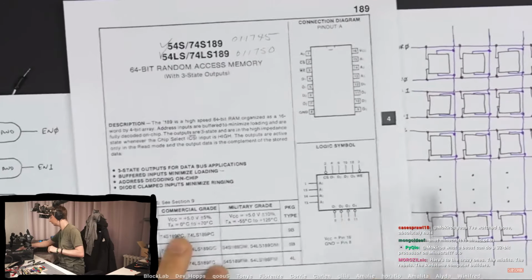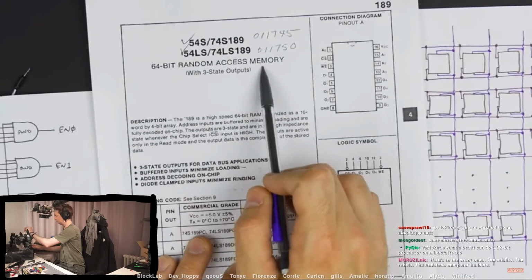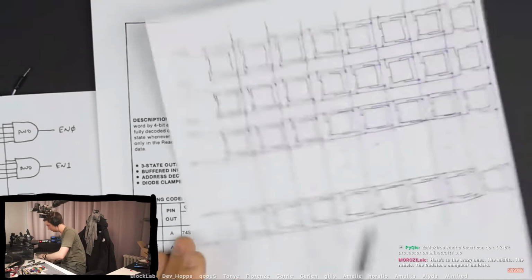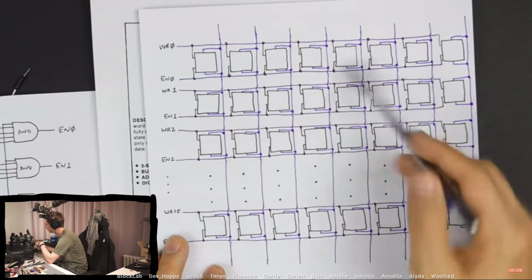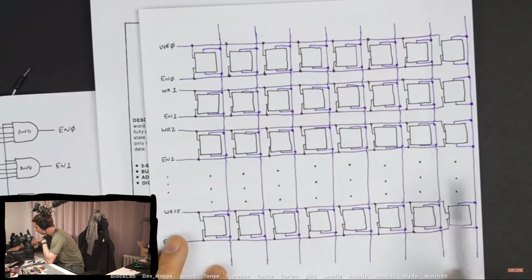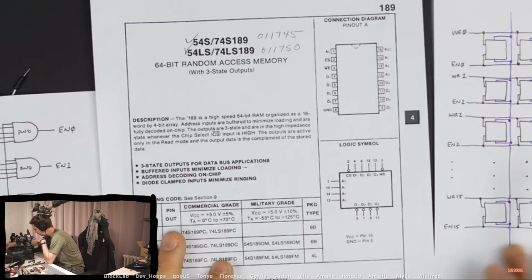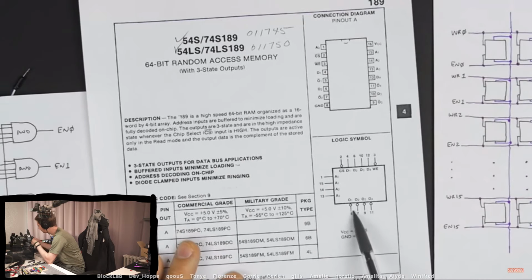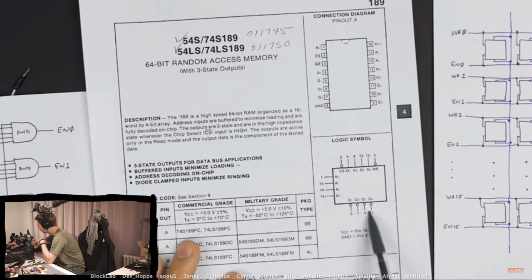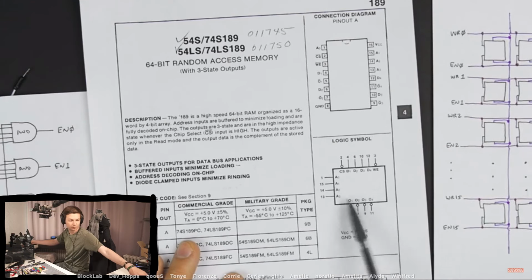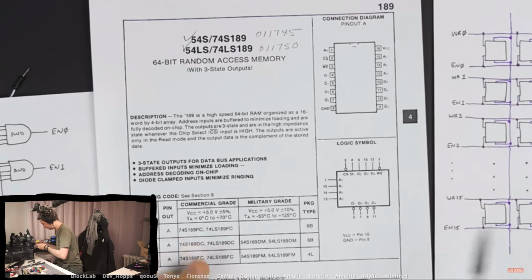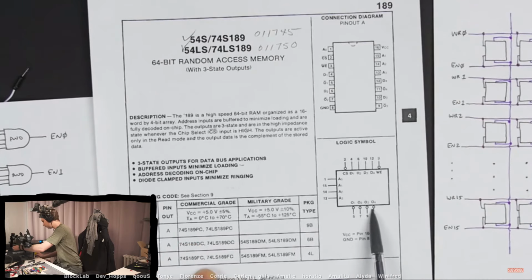This is a 64-bit random access memory. And of course, with 8 bits per byte and 16 bytes, that's 8 times 16 is 128 bits, and this is only 64-bit. That's because it's 4 bits wide instead of 8 bits wide. But if we use 2 of these chips, then we'll be able to build our 8-bit 16-byte memory.